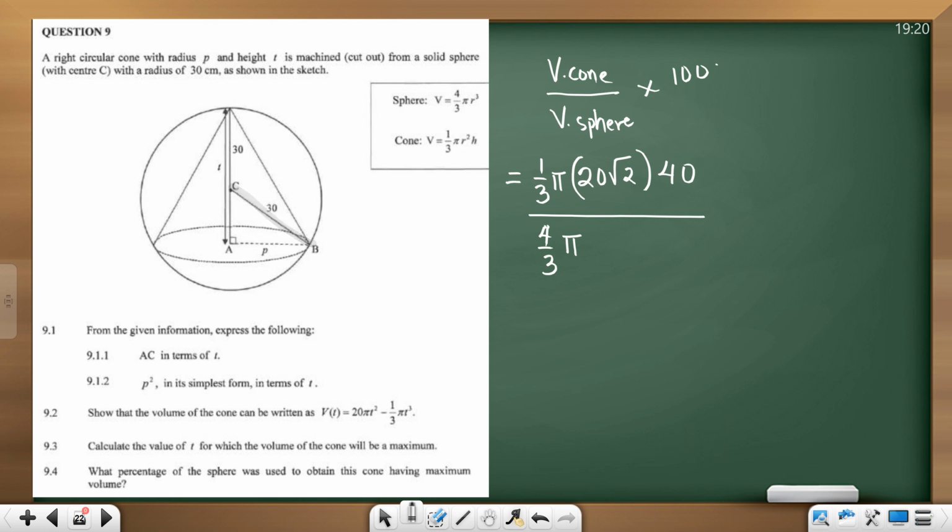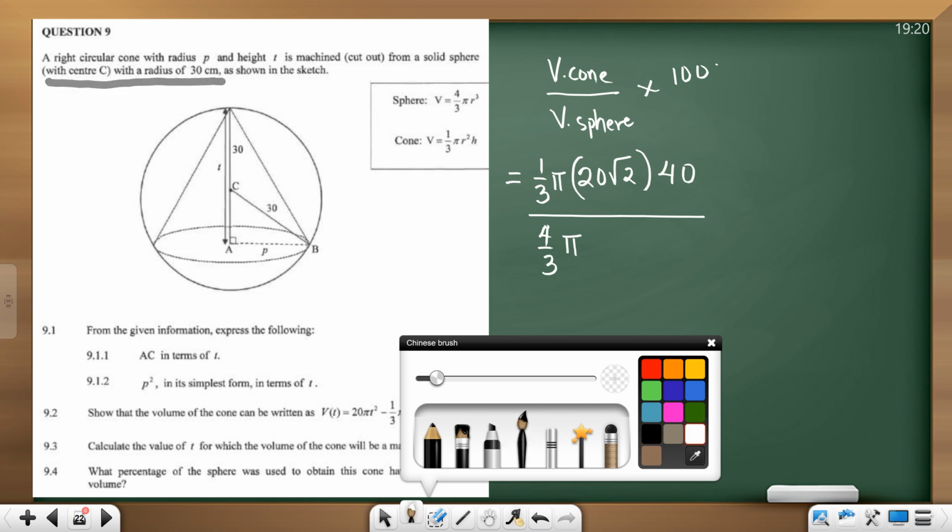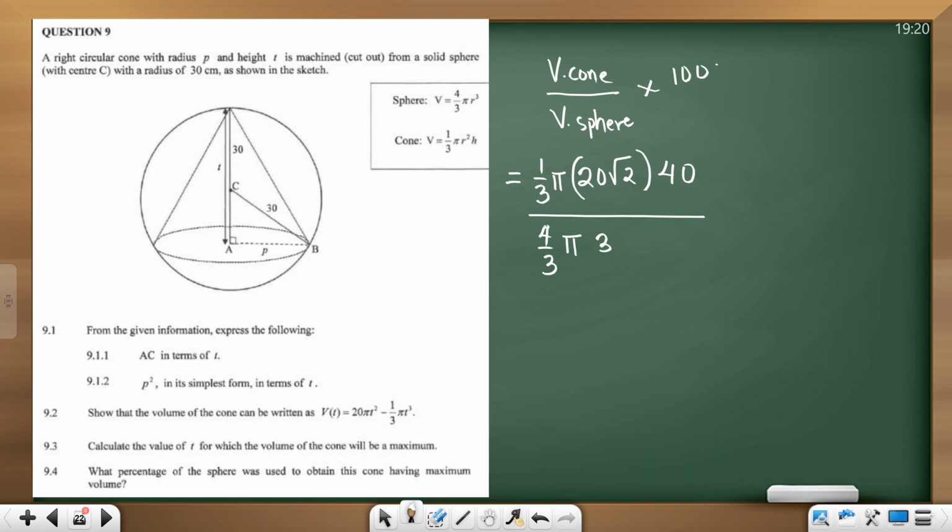They even told you from a solid sphere with center. Right. What do we have? Everything multiplied by what? 100. The answer? 1,05. Let's quickly check.